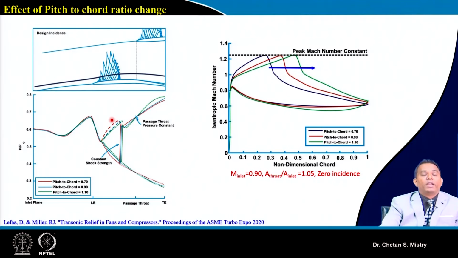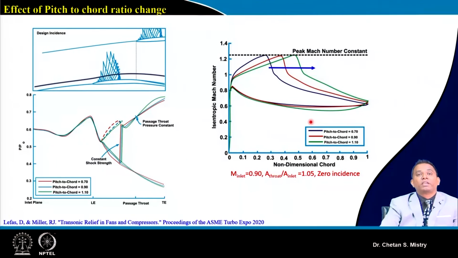Now, the next case is the change of pitch to chord ratio. We must realize that this is in line with what we are discussing in terms of the number of blades. So, a change of this pitch ratio also has a considerable effect on the flow configuration.